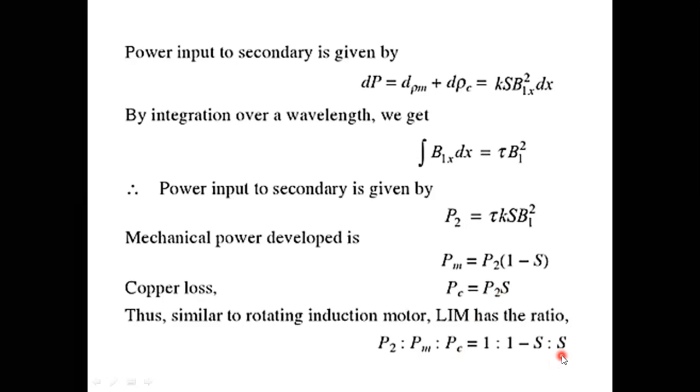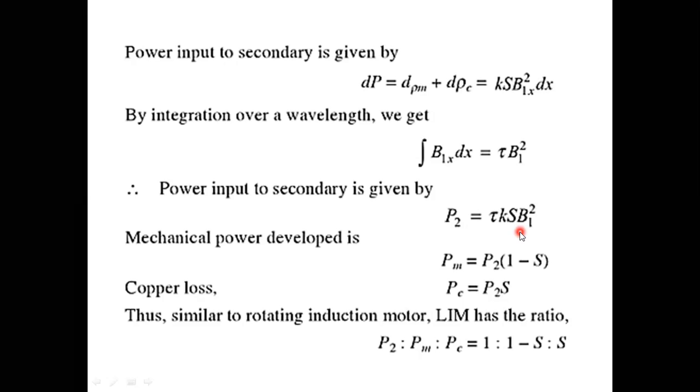Finally, what we get for normal conventional induction motors, the same sense holds for the linear induction motor, where the ratio is obtained but in a linear motion. The induction motor in a linear motion. How we get these expressions, I will explain for P2, the rotor input power.